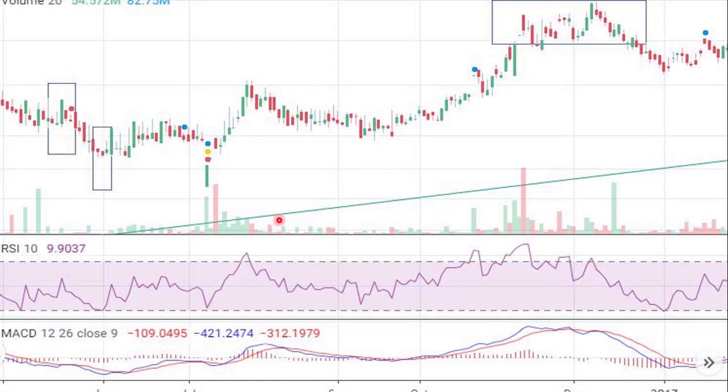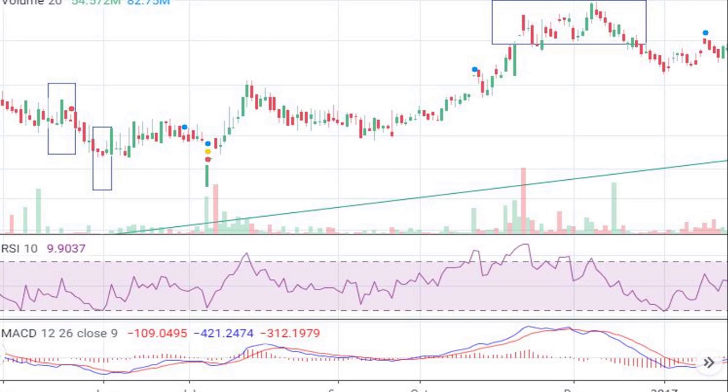Because the trend is an upward trend, you'd better not take a sell position. But it's good for you to understand that RSI and MACD have given us a selling signal at this point, at this period of time.